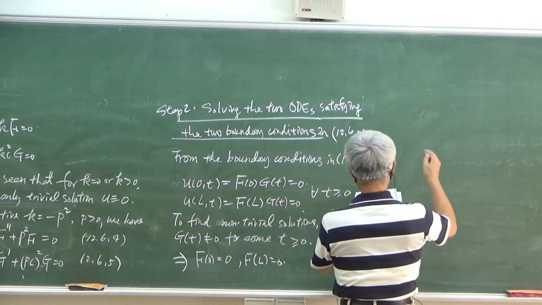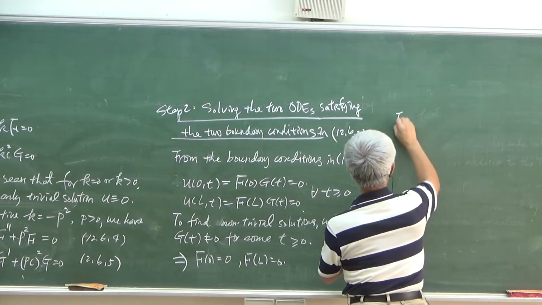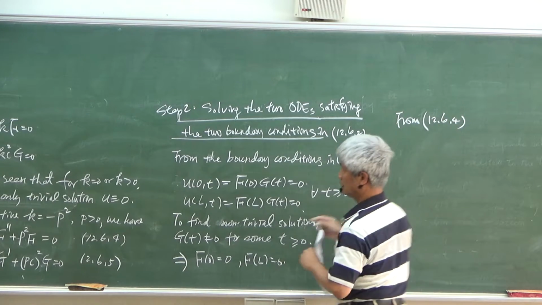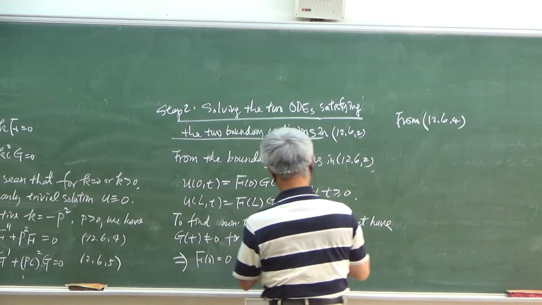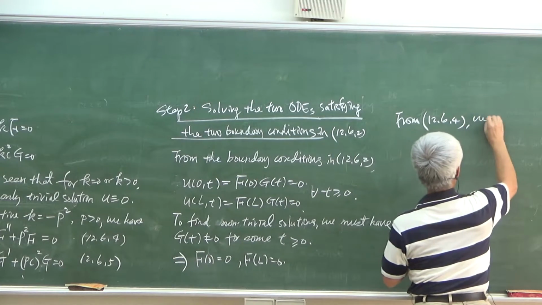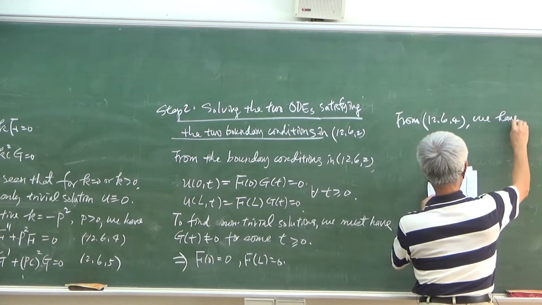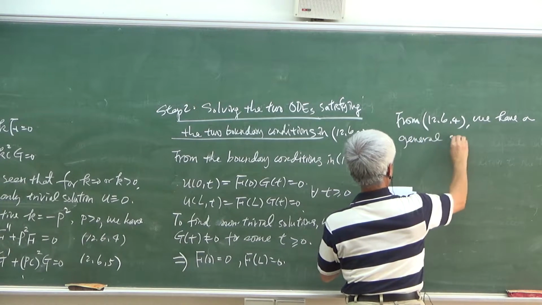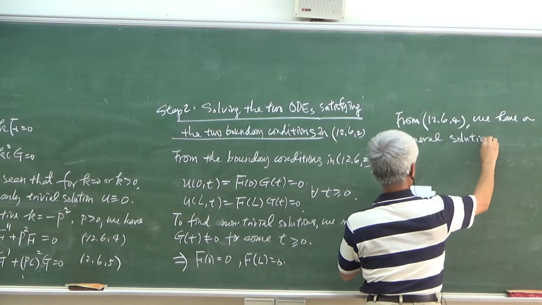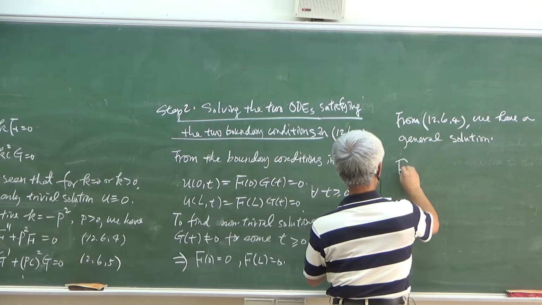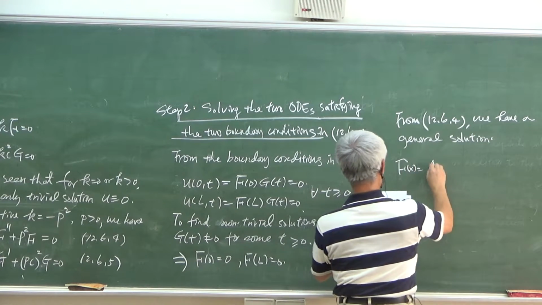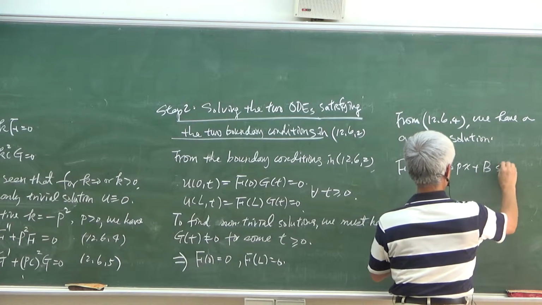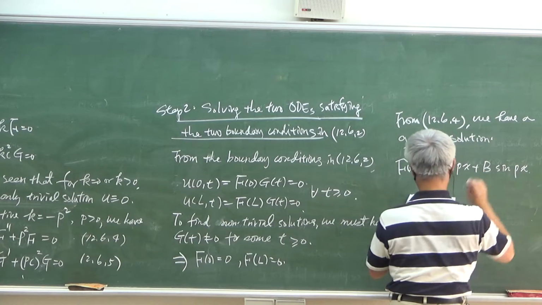Okay? Now, from 12.6.4, this one, we have a general solution. F of x equals a cosine px plus b sine px. Okay?